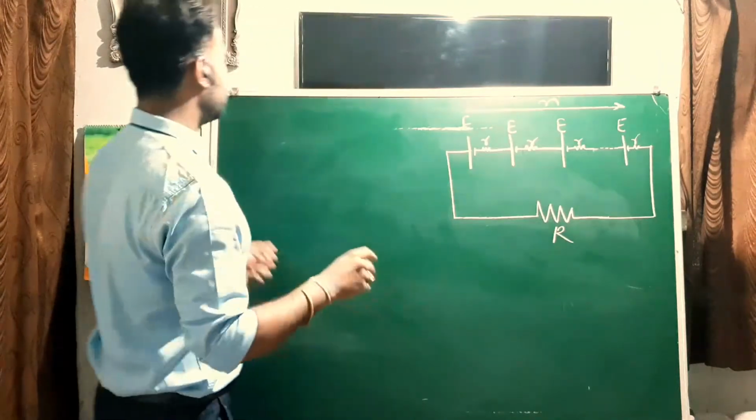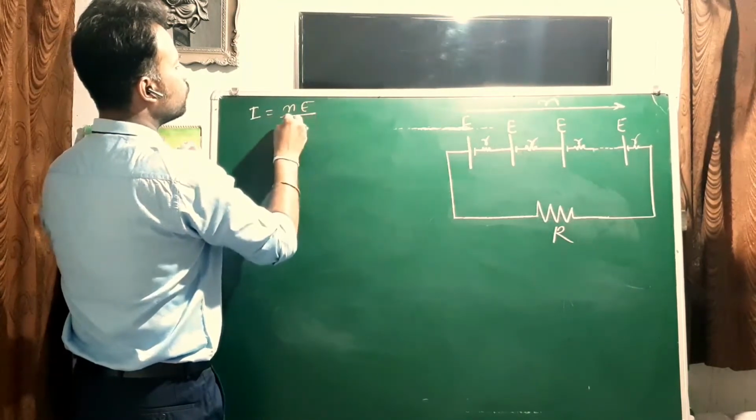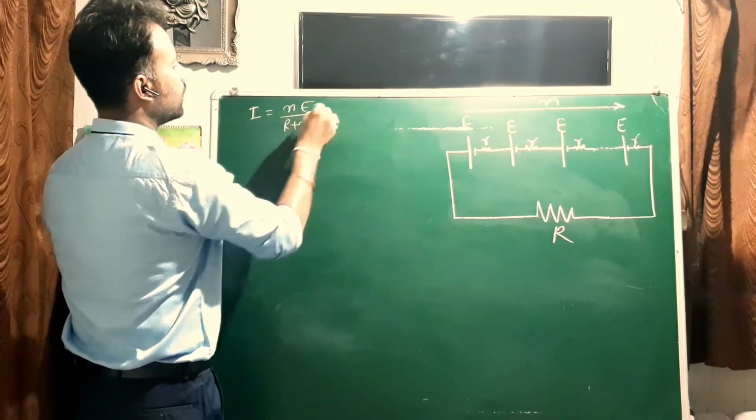So the current is I equals N into E upon R plus NR, right?